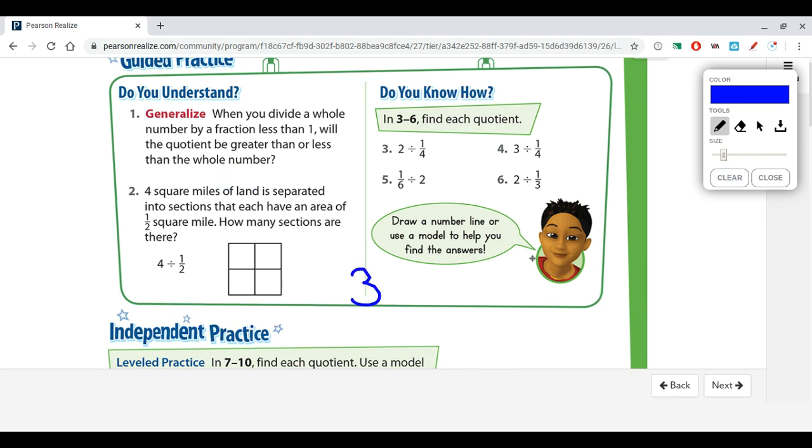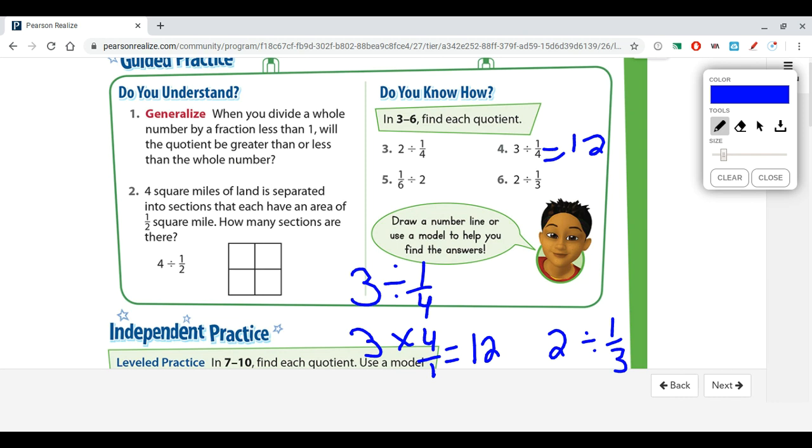So I have 3 divided by 1/4. Keep the 3, change the division symbol to multiplication, flip the 4/1, and I end up with 12 as my answer. 2 divided by 1/3 becomes 2 times 3/1, which equals 6. So again, using that keep, change, flip.